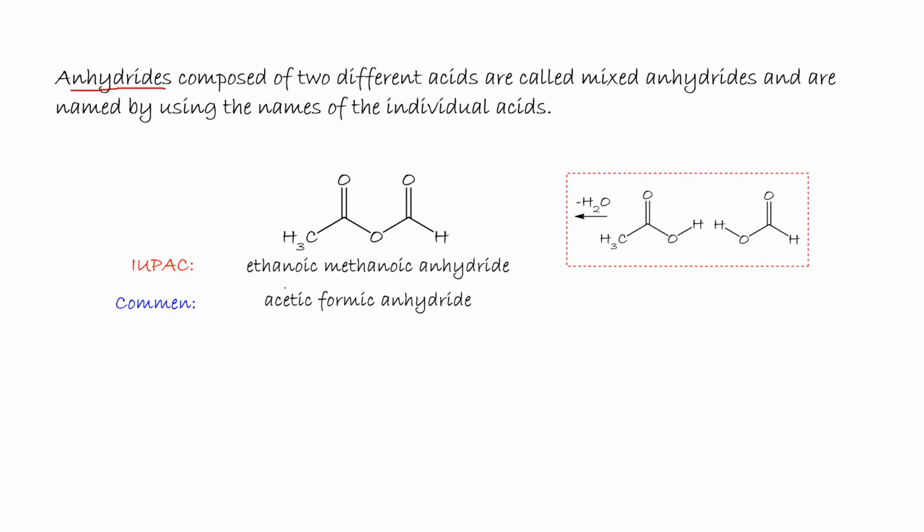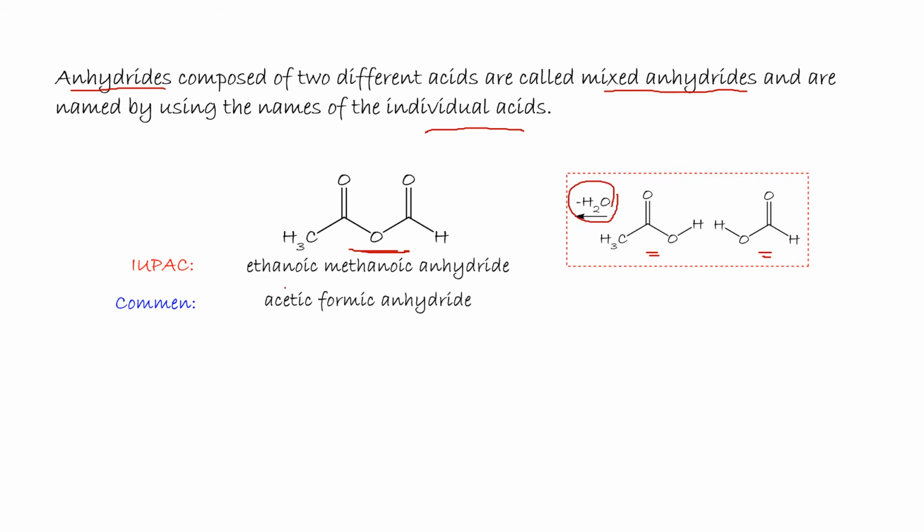Anhydrides composed of two different acids are called mixed anhydrides and are named using the names of the individual acids. Here we have the structure of an anhydride. It came from ethanoic and methanoic acid.